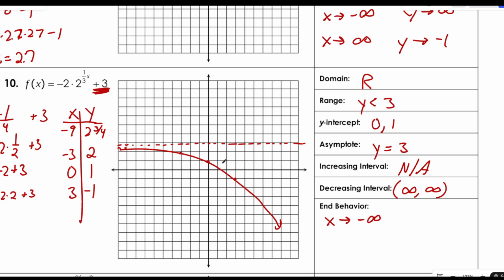As x goes to the left, looks like y is going to 3. As x goes to the right, y is going to -infinity.